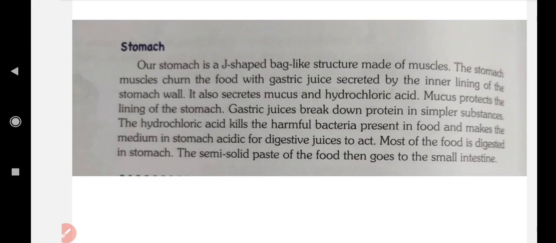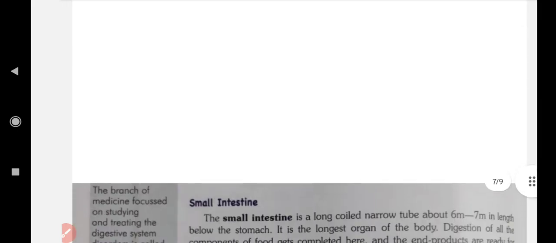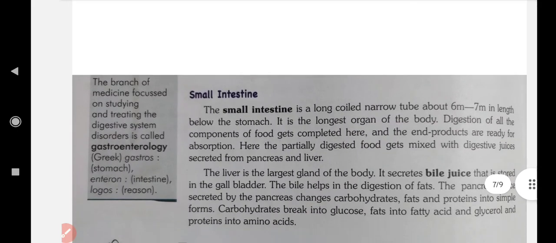So next part is small intestine. The small intestine is a long coiled narrow tube about 6 to 7 meters in length below the stomach. It is the longest organ of the body.